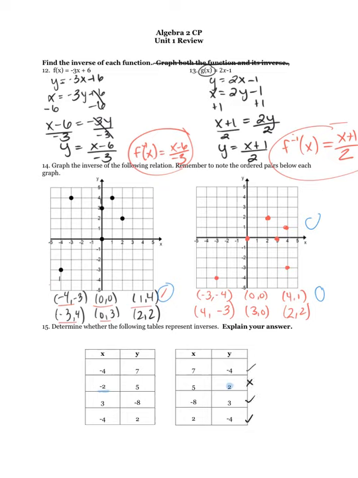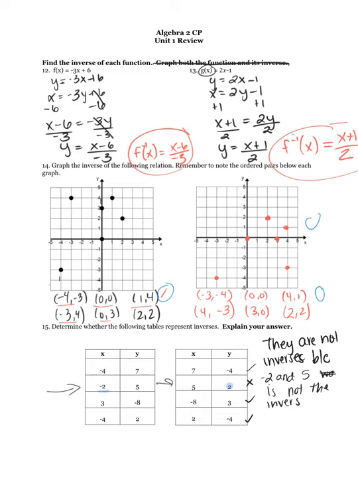Good and good. But we already see that one of these matches is not an inverse, so they are not inverses of one another. How would you explain this? You would say they are not inverses because -2 and 5 is not the inverse of 5 and 2.